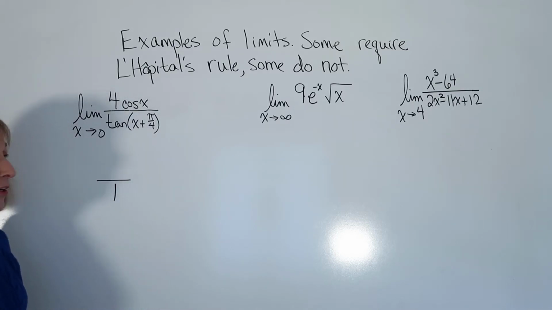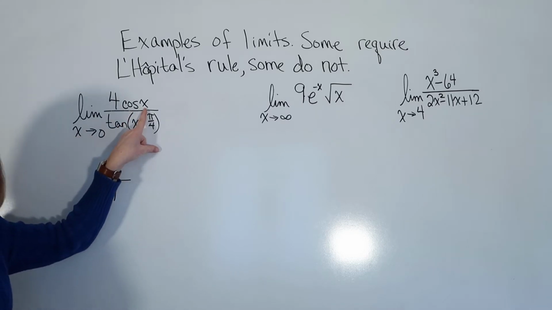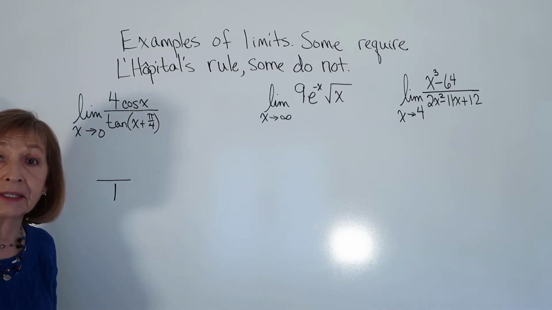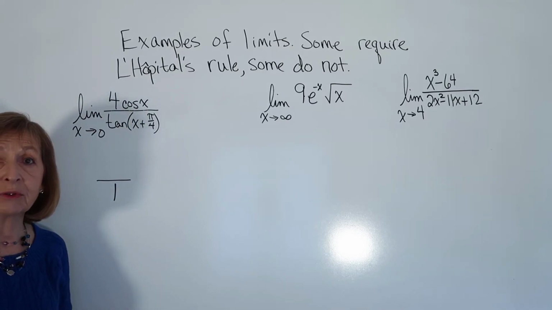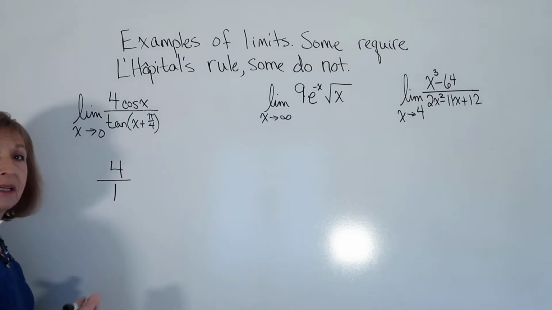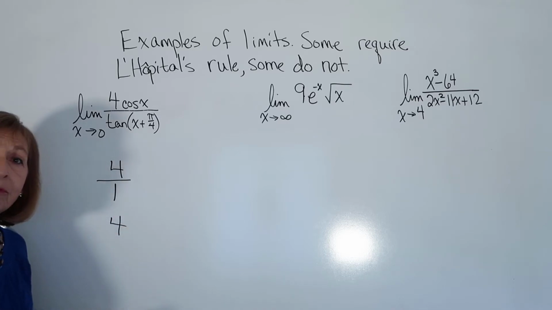Now in the numerator, x is approaching 0, and the cosine of something approaching 0 approaches 1. And 4 times a value approaching 1 approaches 4. So this just becomes 4 over 1, which is a limiting value of 4.